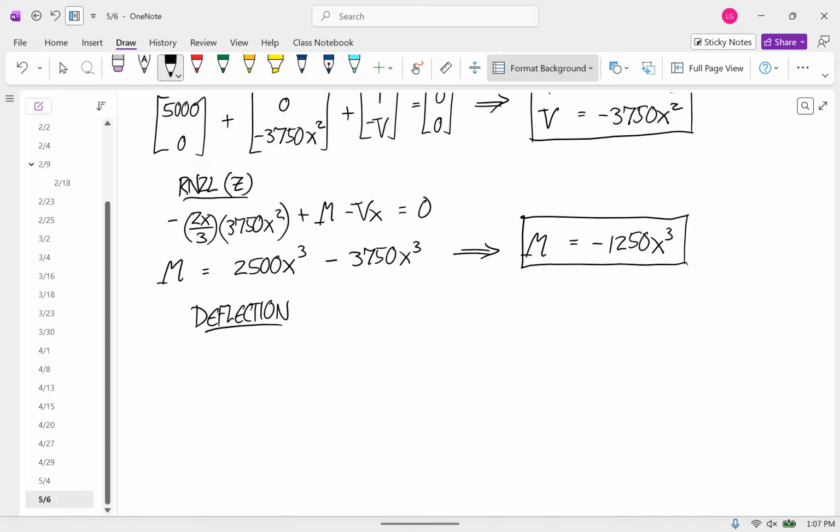We know that the internal bending moment is equal to EI times v. I guess I don't want this over here. I want it on the other side. So I'll write it like this. V double prime is equal to M over EI.